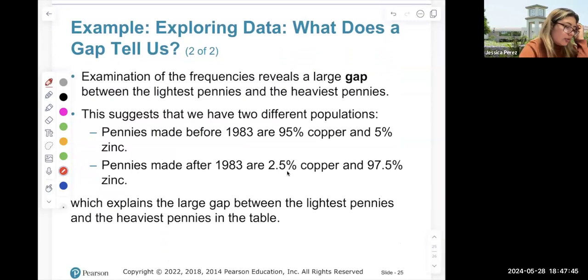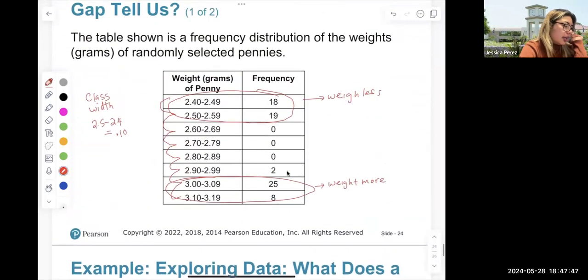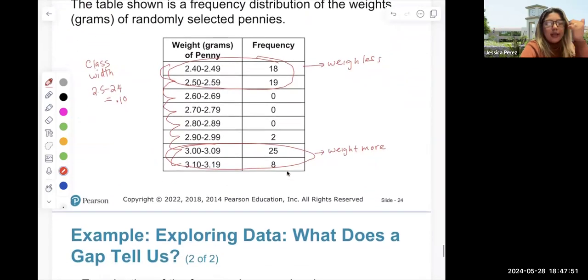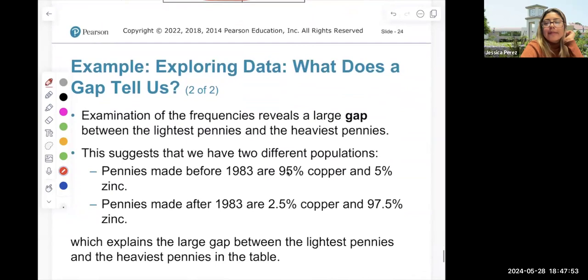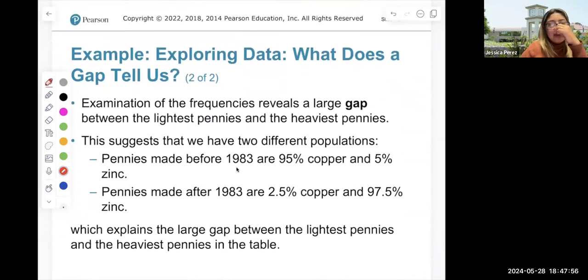Between here, they're not giving us the whole picture of the data. They're not telling us that there could be pennies made before. Before, pennies were 95% copper, where copper is way more, and then 5% zinc. And after 1983, now they're 2.5% copper and 97.5% zinc.